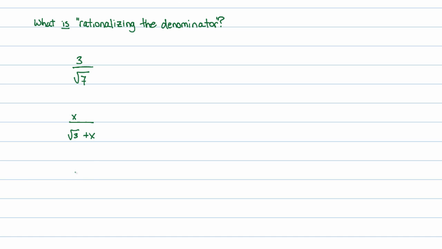Or you might have a denominator where you have 5 over the cube root of, let's say, 4 plus 1. Something like that. And it could get worse, obviously, but the idea is that you see in each of these denominators there are radicals.